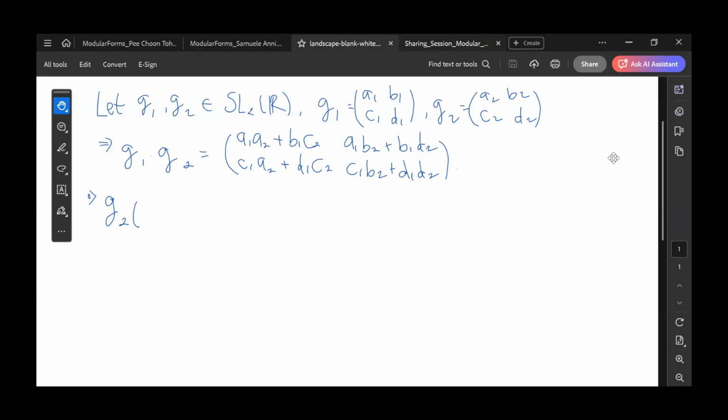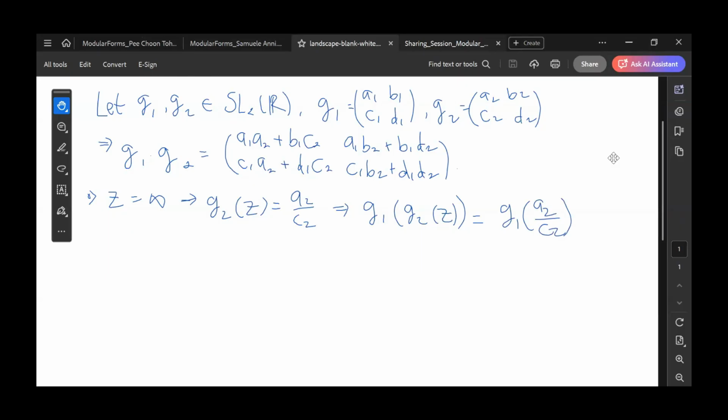I'm sorry, there are two cases here. So before, if we have z equal to infinity, then g2 z is a2 over c2, while g1 of g2 z will be g1 of a2 over c2.